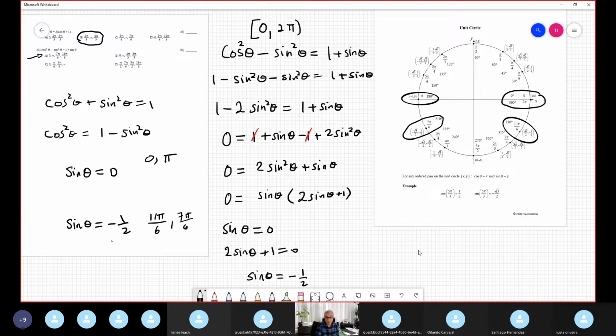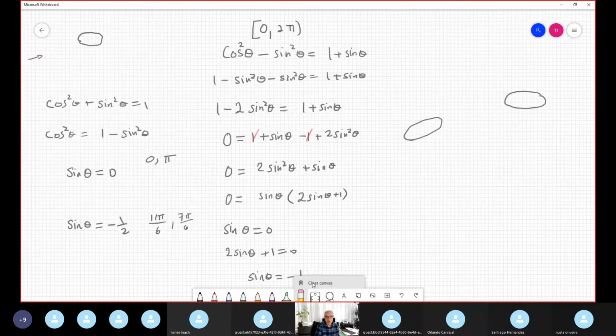So this is application. The first application, which is elementary, is the solution for the triangles.